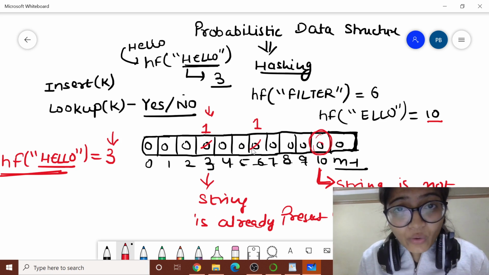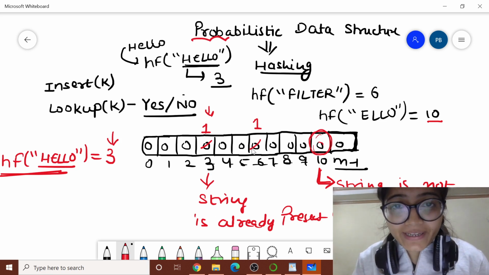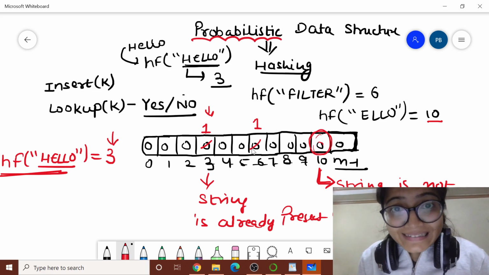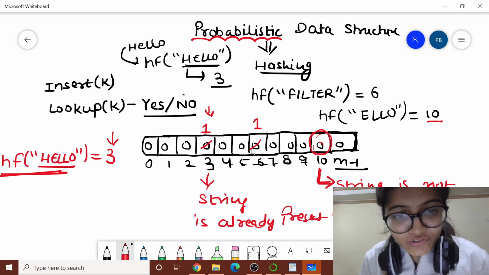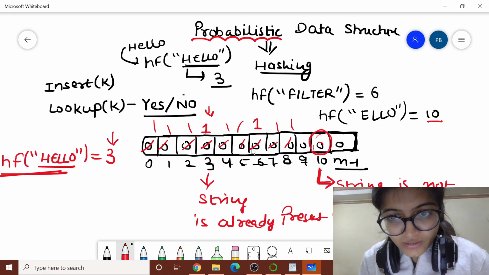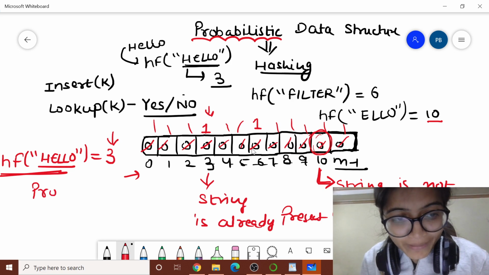So now here, where did the probability come from? There are many scenarios where the key is not present. Actually, at the end of the day, there may be all ones in this particular data structure. So in that particular case, there is a probability.